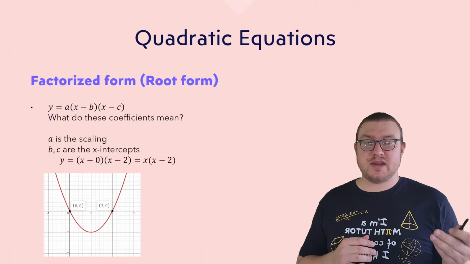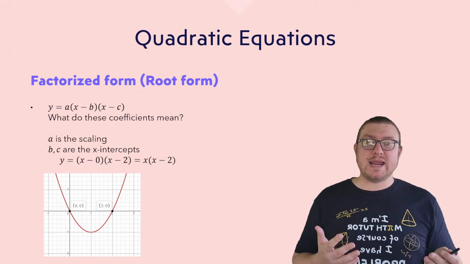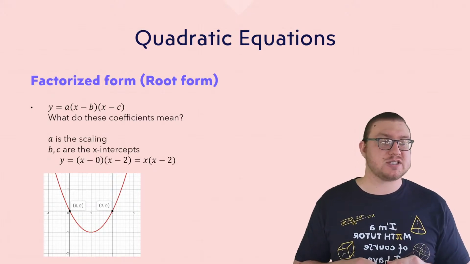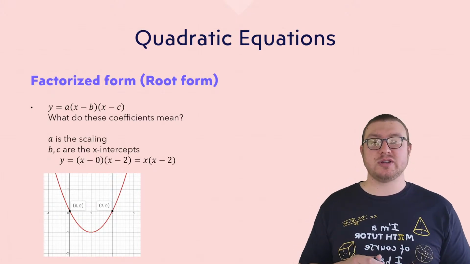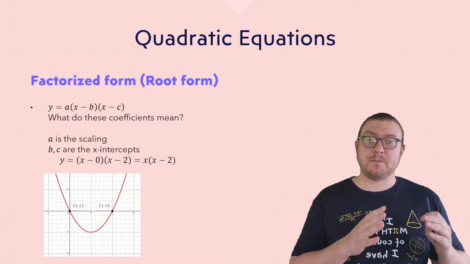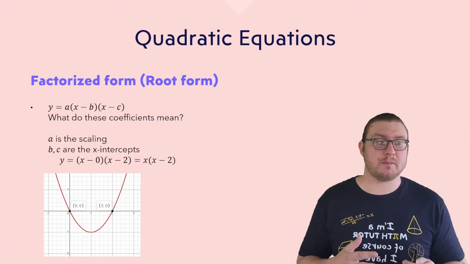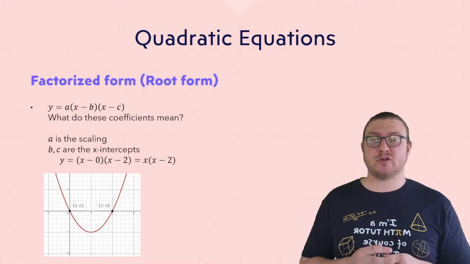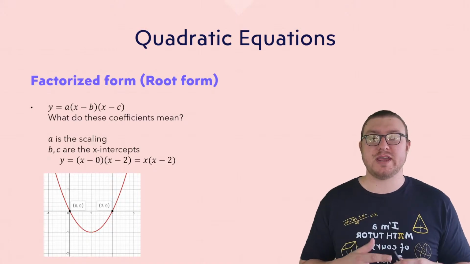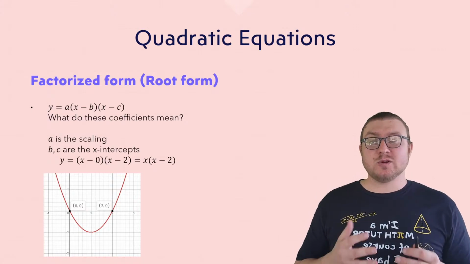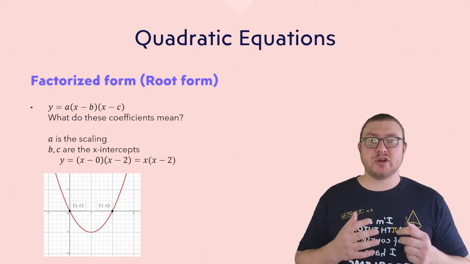They mean something new now. Well, a, if you expand this out, is going to be the number in front of the x squared, so it's still going to give you the scaling. But b and c are going to give you your x-intercepts in this form. And this is why often this form is called the root form or the intercept form. This is also the reason why it's the most useful equation for us.